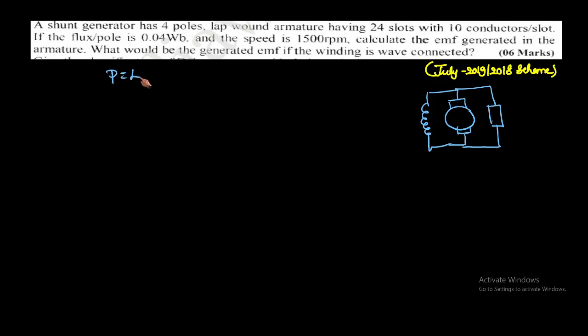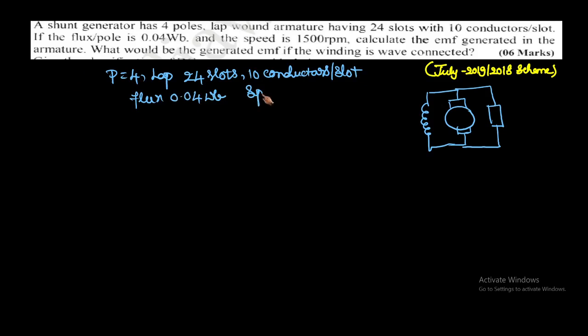Next, given information I am writing: lap wound, 24 slots and 10 conductors for each slot. Next, flux per pole is given as 0.04 webers. Next, speed N is given as 1500 rpm. Calculate the EMF generated.